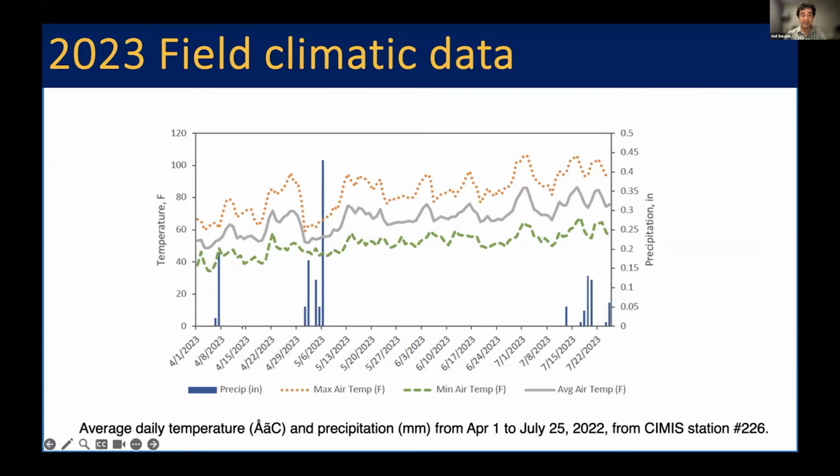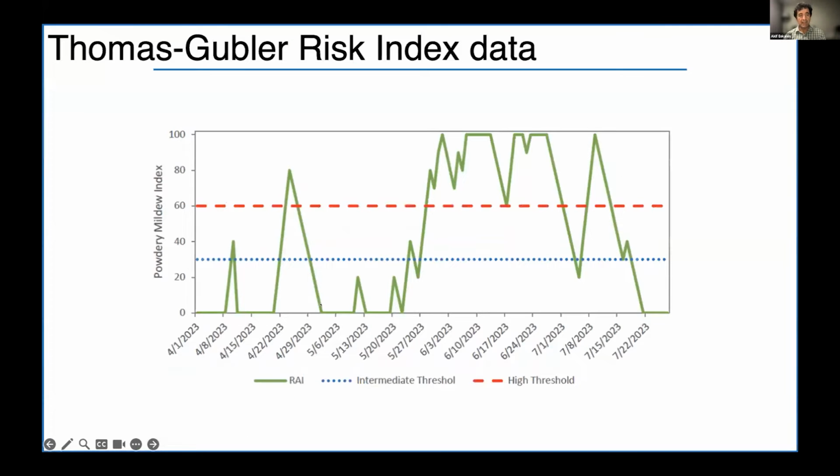As you can see, we had very moist, unusual rains, especially close to the harvest. But again, for us, very important, this is the other time that we get a good amount of rain. This is the Gubler risk index. This index is basically giving us the risk of having powdery mildew in your area.